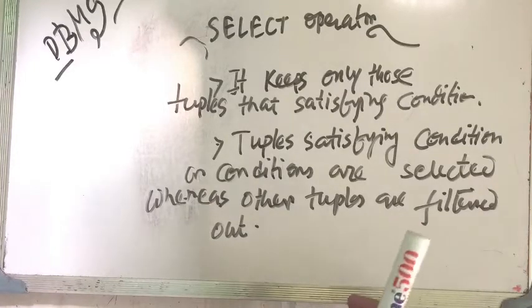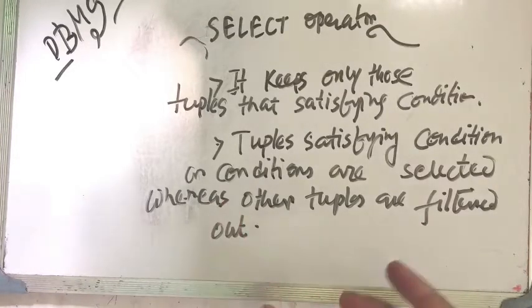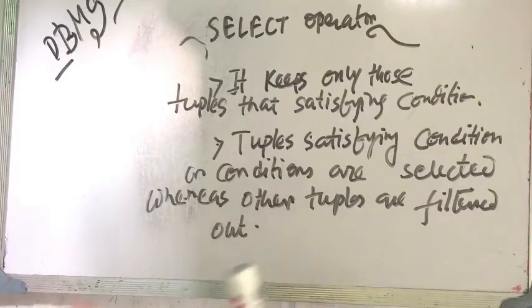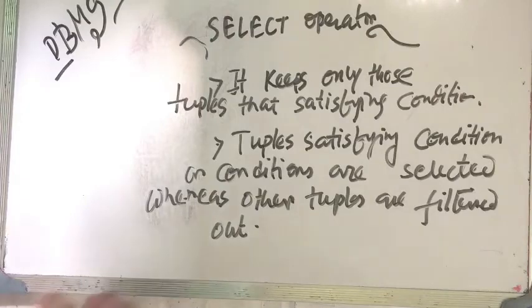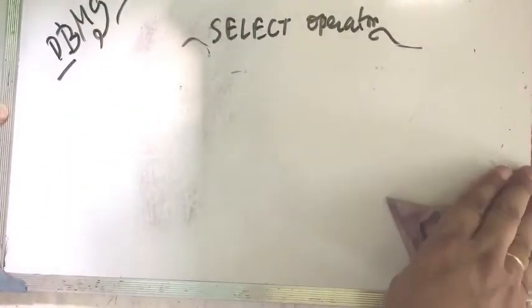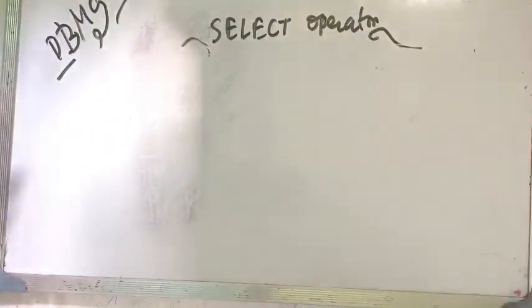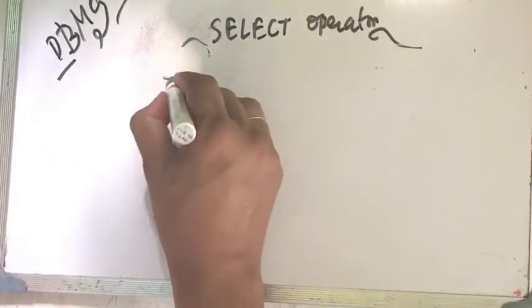So this is the concept of the select operator. It has some conditions, and if the condition matches, it provides the result. It has the filtering capability. Those that satisfy the conditions will be displayed, and others are filtered out.